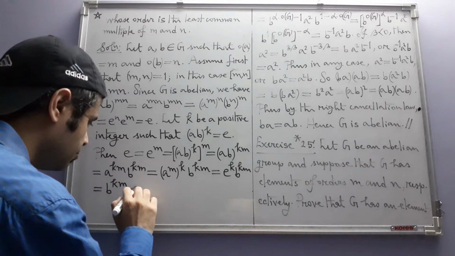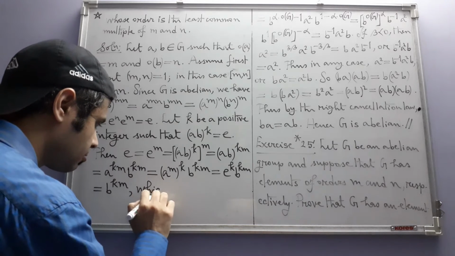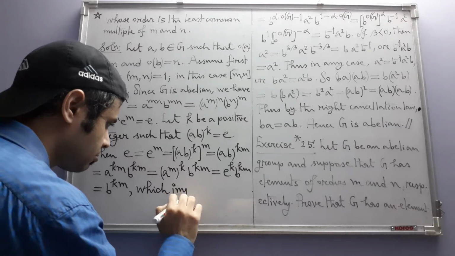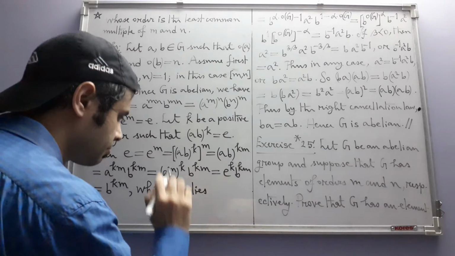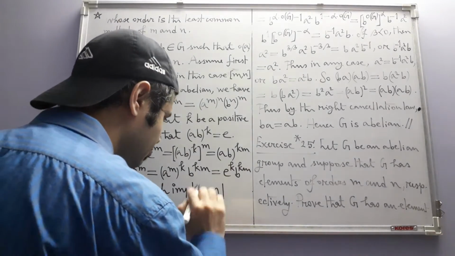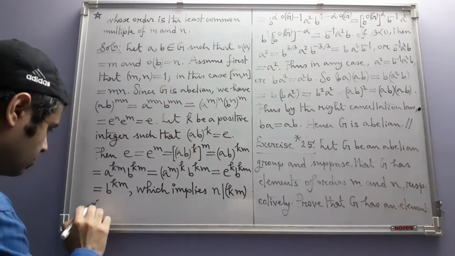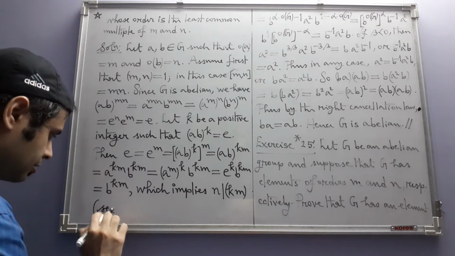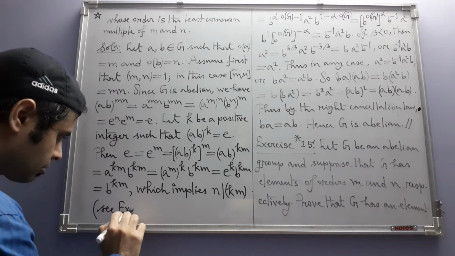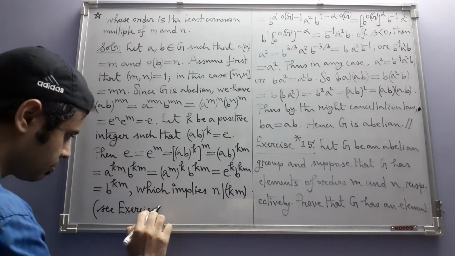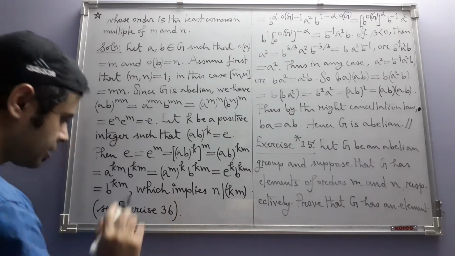Then this, which implies n divides Km, and the justification is in exercise 36.